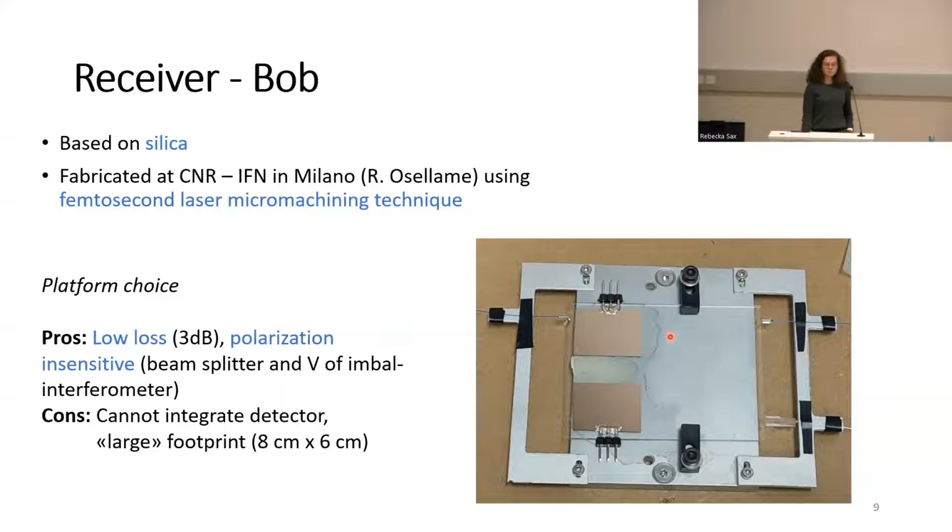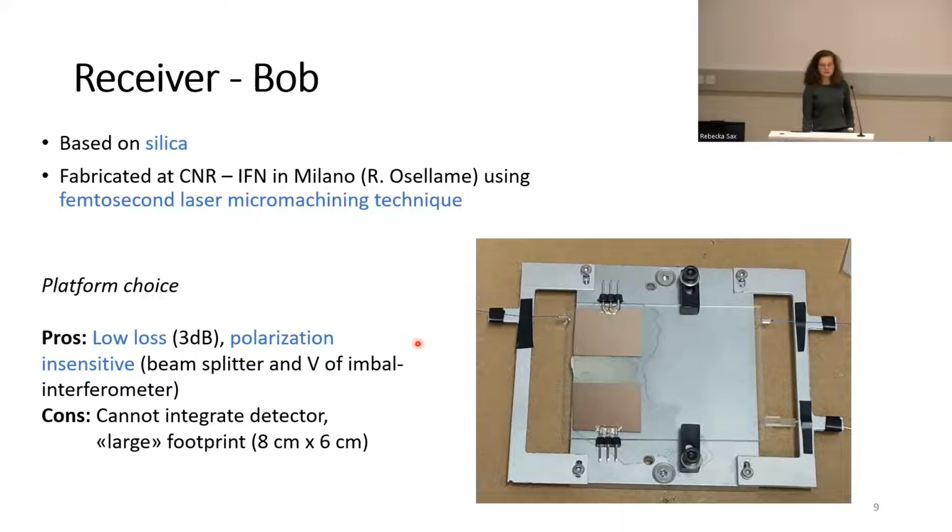Also, this chip is polarization insensitive, which means that the beam splitter for the X or Z bases is insensitive to the polarization, as well as the visibility of the imbalanced interferometers. This is something which is quite tricky to have in integrated photonics because of the intrinsic birefringence. And this birefringence is something that could be controlled at certain temperatures in the group of Roberto Osellame.